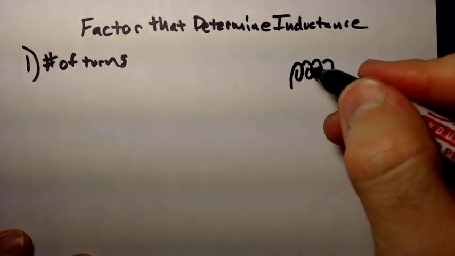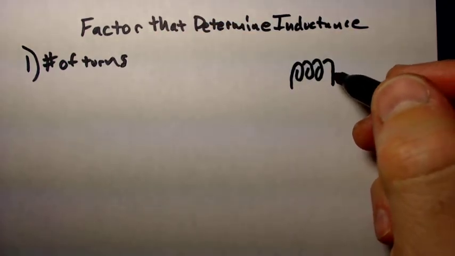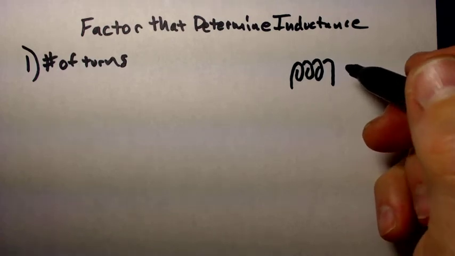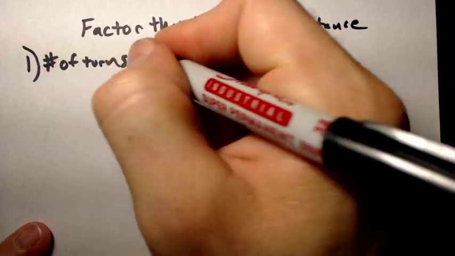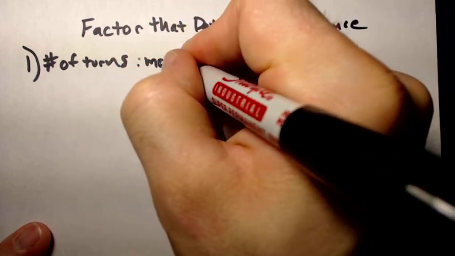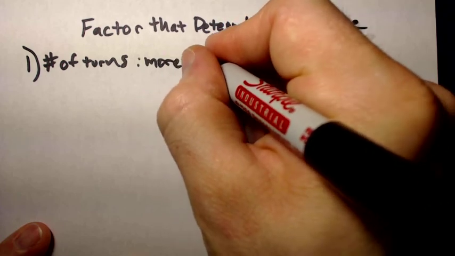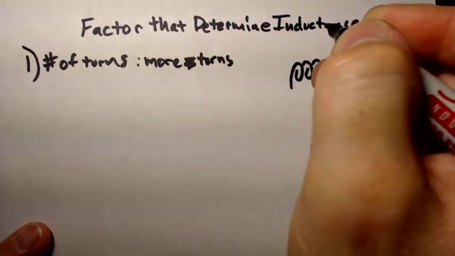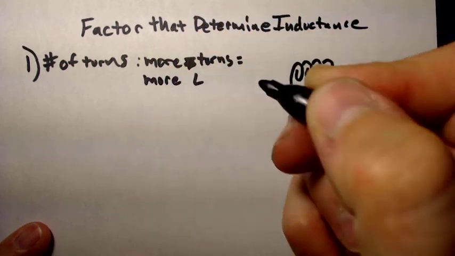If I have more loops of wire, I can have more magnetic field, which means I have more inductance. So I'll just go ahead and say more turns equals more inductance.